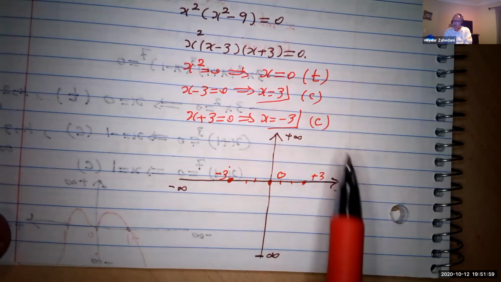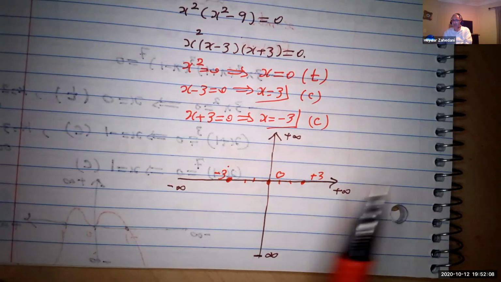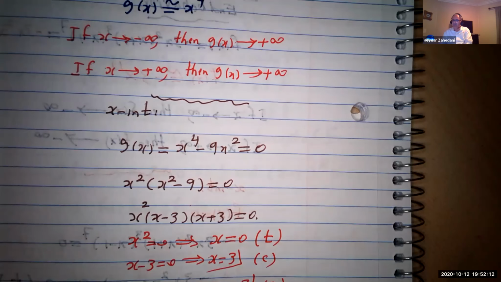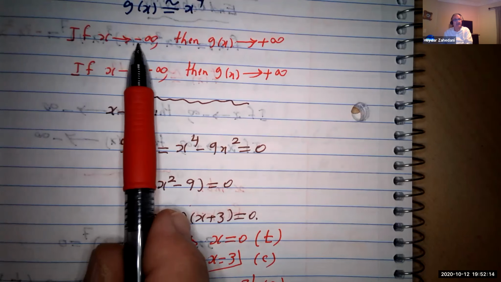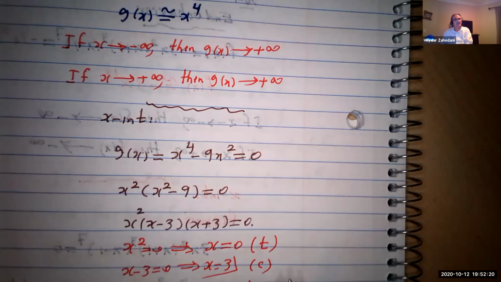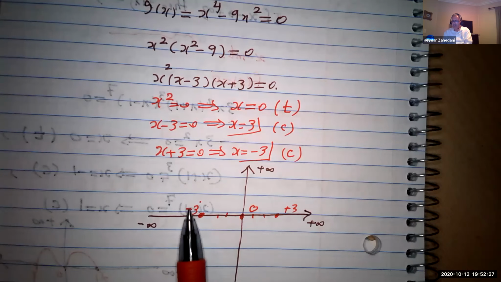You know what would happen: you have two crossings and one touching. The point is where we are going to start. You already decided what to do: you go to the end behavior. We have a negative, positive, and that's your starting point. So you start from here and just keep going.